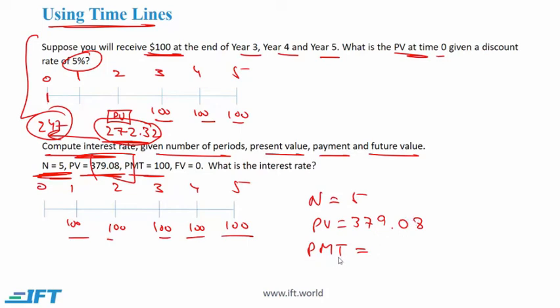So you plug in payment is equal to 100 and then hit the plus minus sign. So that makes the payment minus 100. You set FV equal to 0 and compute the interest rate, and you will get 9.999, and this effectively is 10%.